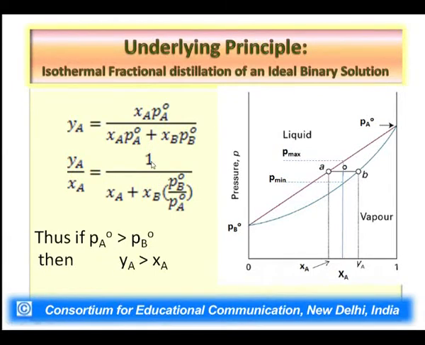So, 1 divided by a value less than 1 will lead to a magnitude which will always be greater than 1. It does mean Ya will be equal to some value greater than 1 multiplied by Xa. It means Xa will always be less than Ya. So, it clearly indicates that the proportion of component A would be more in the vapor phase compared to its proportion in the liquid phase if component A is more volatile.